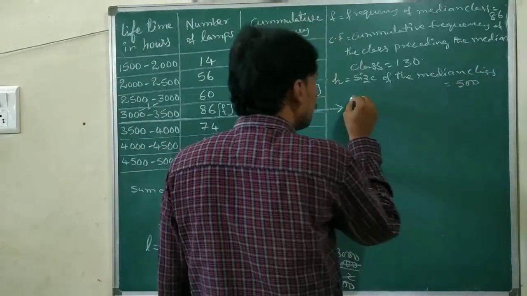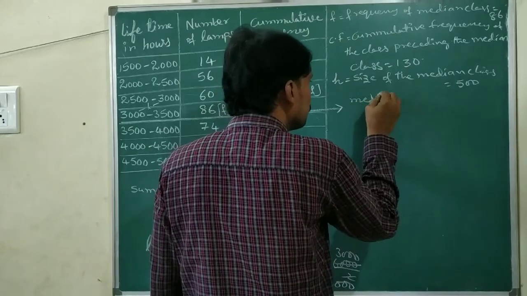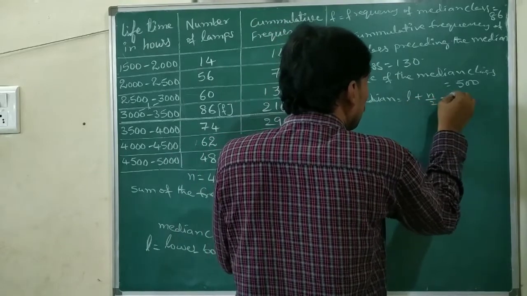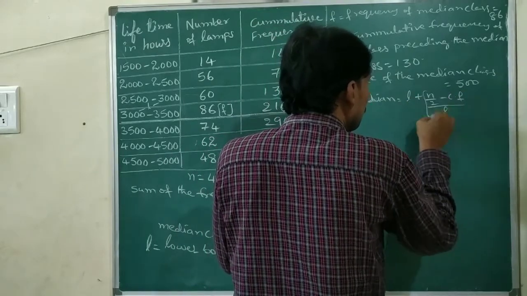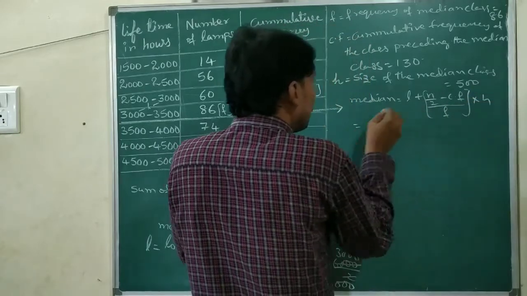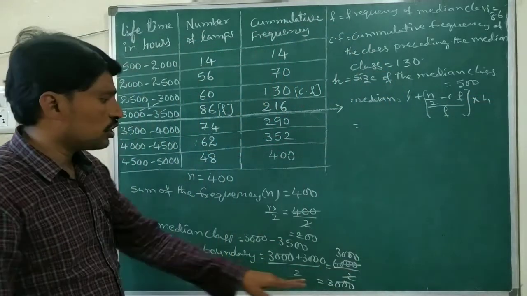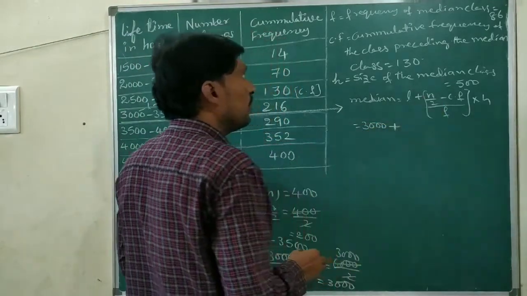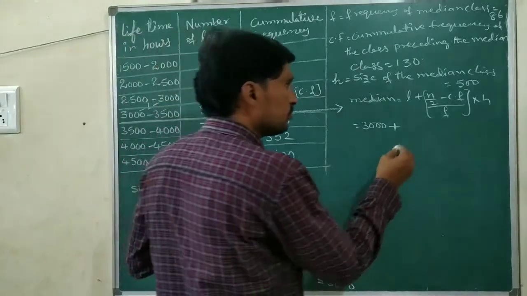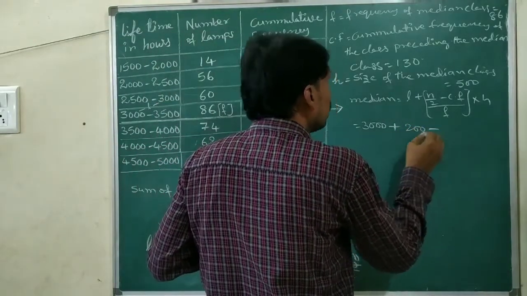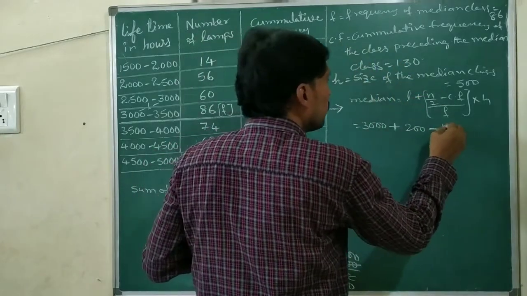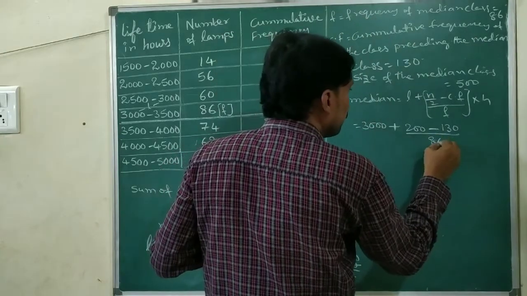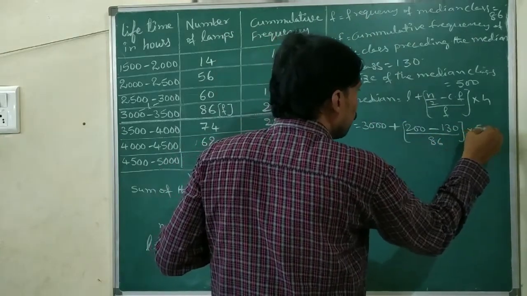Now you can write the median formula. Median equals L plus (N by 2 minus CF) by F into H. Lower boundary, how much did we get here? 3000, plus N by 2 value is 200, minus cumulative frequency CF is 130, by F, frequency of the median class is 86, into 500.